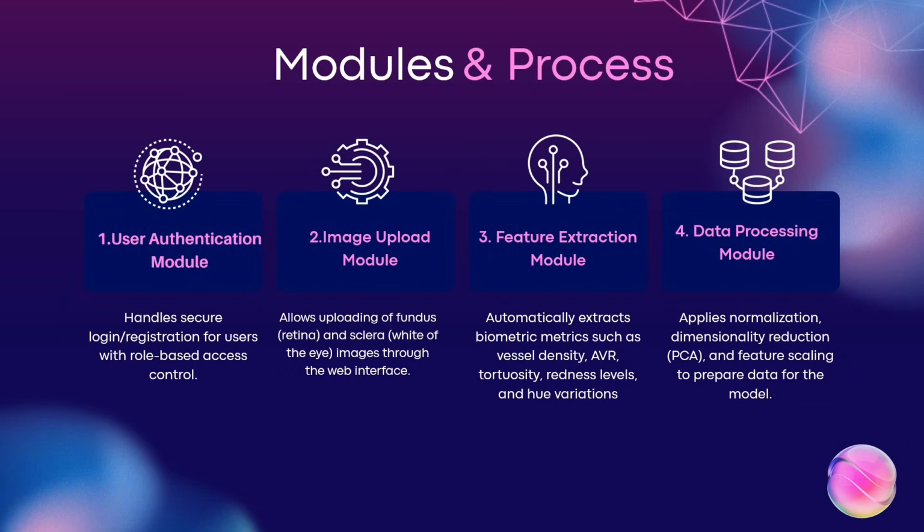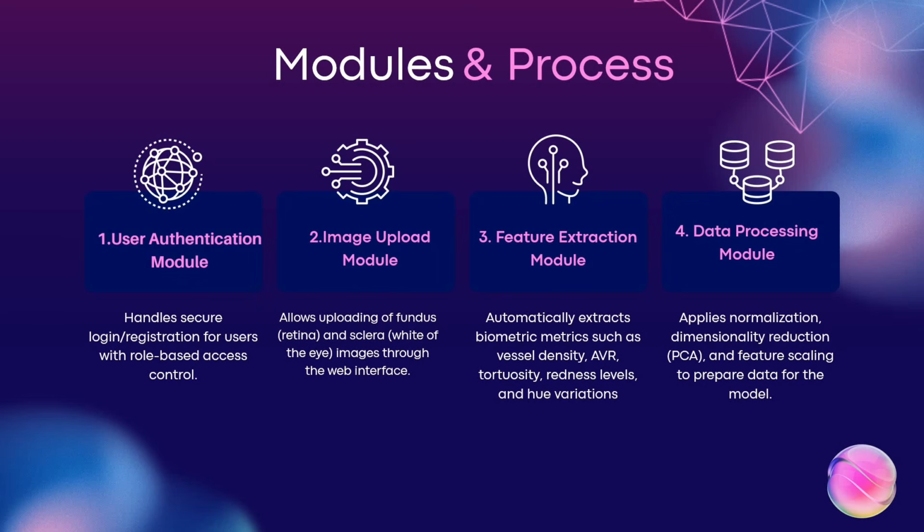So coming to the modules, this project has 8 modules overall. First, the user authentication module, that means login and registration. Then the image upload module, where you have to upload 2 types of images, fundus as well as retinal image. Feature extraction, where you have to extract 10 different features: vessel density, AVR, tortuosity, redness level and hue variation.